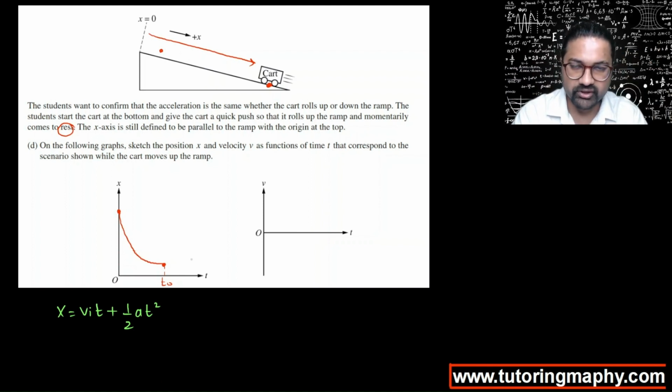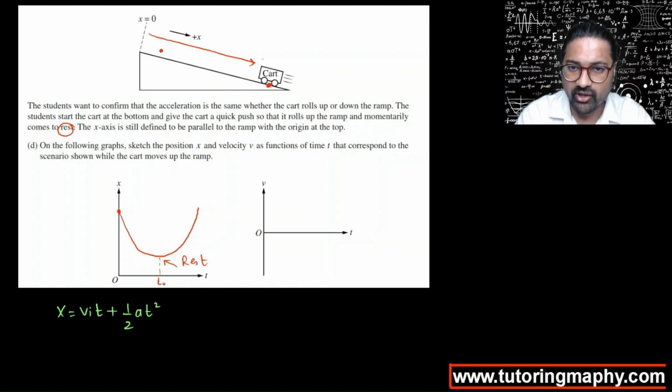And obviously eventually it is going to come down, so its x is again going to increase. That makes perfect sense. I just overshot the given axis, so I'll just make it perhaps like this. It's going to be a symmetric curve with a minimum value at t naught, which is the point where it momentarily comes to rest.